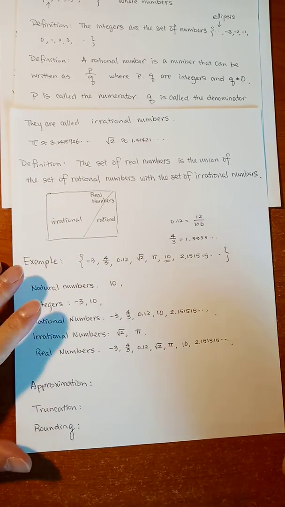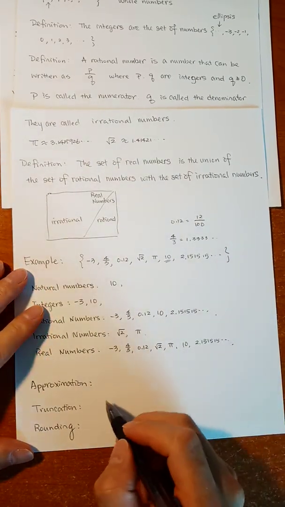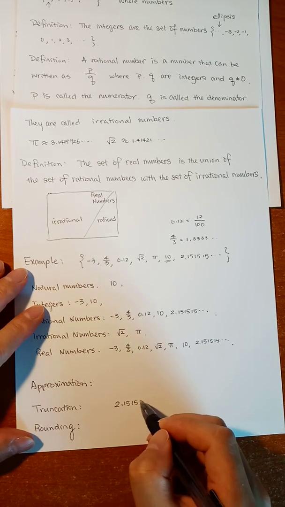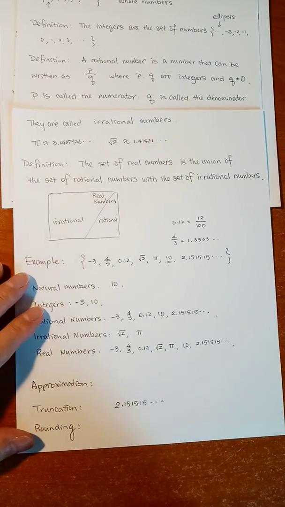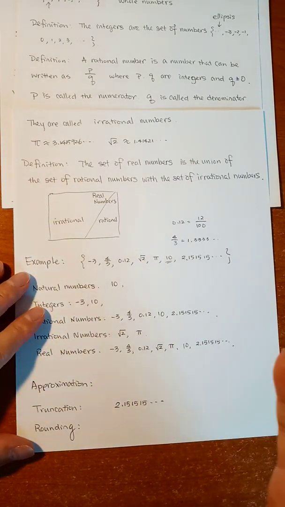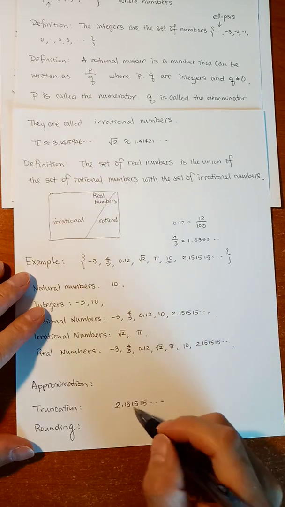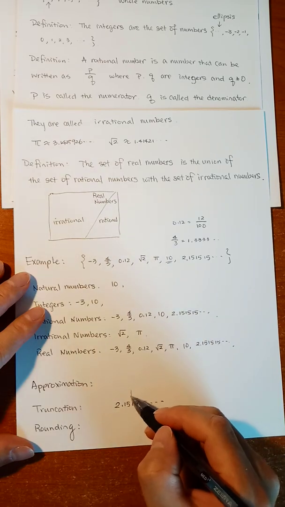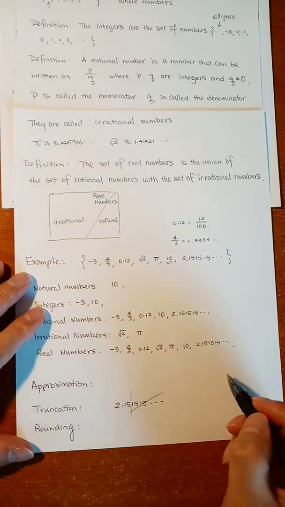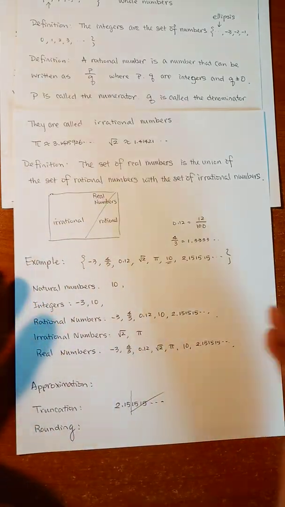Truncation just means you have this number. I say we truncate to 2 decimal places. After two decimal places, we just cut them. I don't need it. That's all.